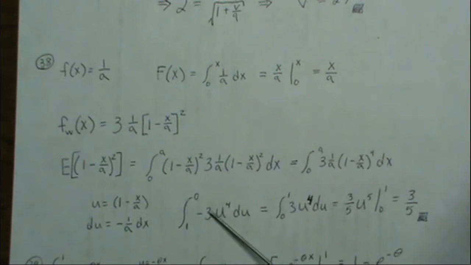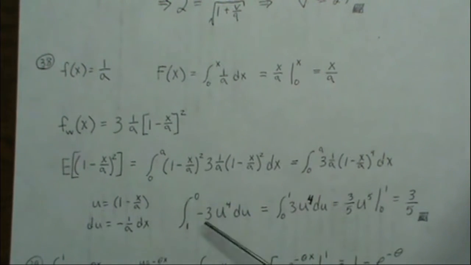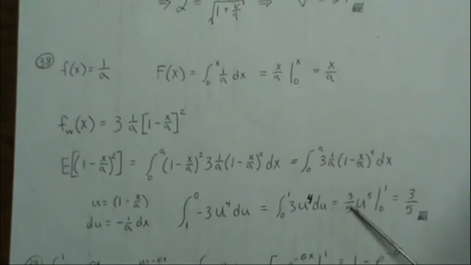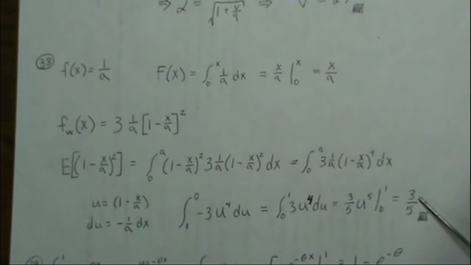So plug it in. And then the limits of integration are from 1 to 0. So that negative can actually be taken into the integral sign to change the integration limits. It's not needed, but I kind of prefer it this way. So you take the integral, so that's 3/5 u to the 5th, plug in our limits, and we get 3/5 as the answer.